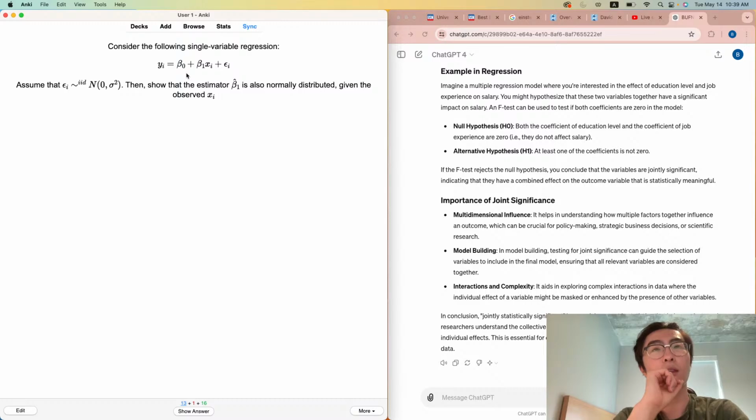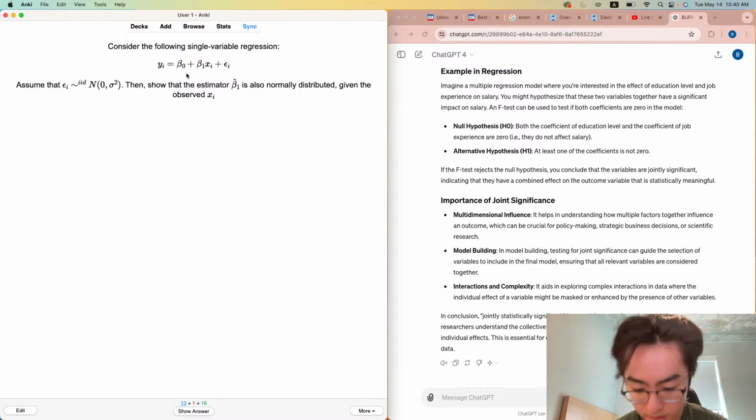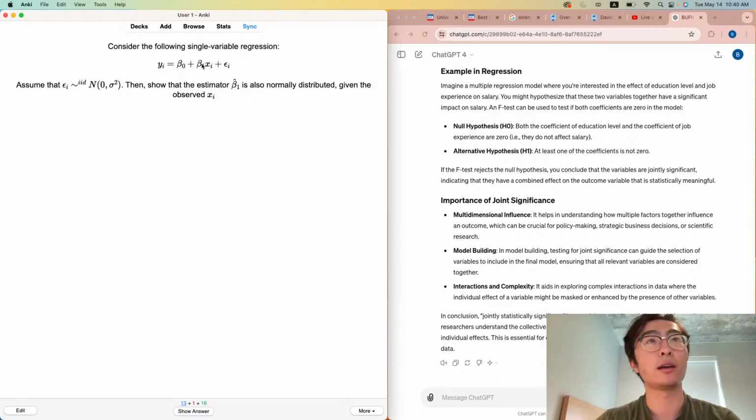And so I think then what we could show is that beta 1 is exactly equal to, I think, the covariance of xi and yi divided by the variance of xi.